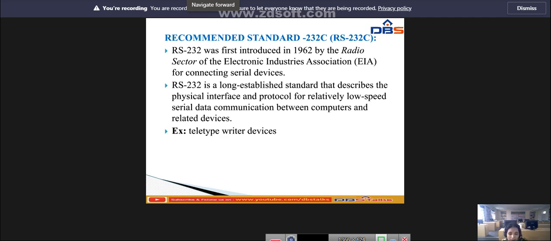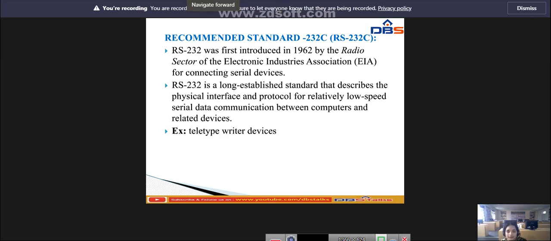For example, a teletypewriter device. RS 232 is the interface that your computer uses to exchange data with your modem and other serial devices. RS 232C is defined as the interface between data terminal equipment and data communication equipment using serial binary data exchange.